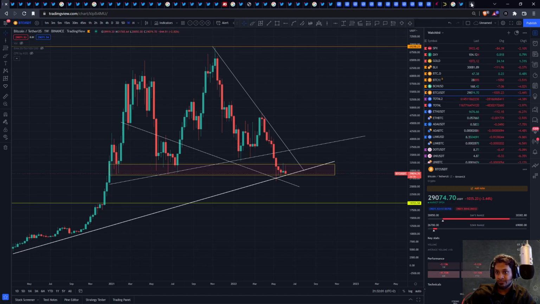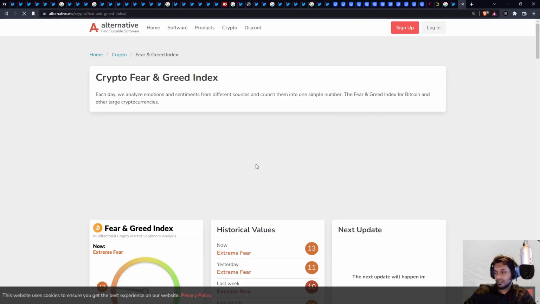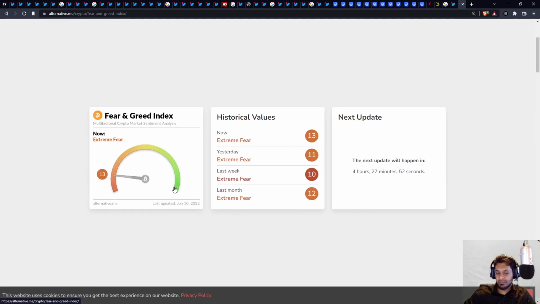The fear and greed index, if you look over here, at the same price level, used to be at extreme greed. It was at the beginning of 2021, okay? And now we're at the same price again, and the people are now very fearful.